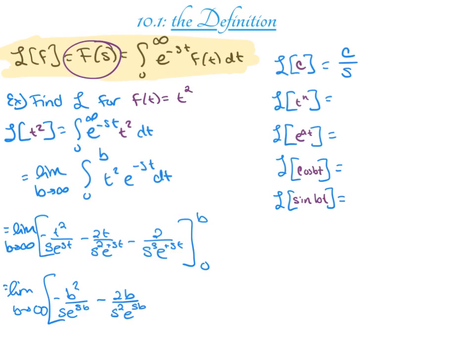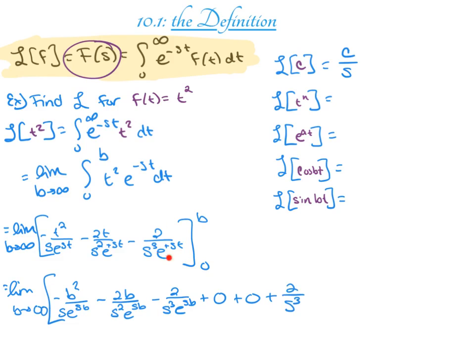So negative b squared over s e to the sb, minus 2b over s squared e to the sb, minus 2 over s cubed e to the sb, plus, because we'll have minus and negative, well, this will be 0. The next term will be 0, but the last term will be 2 over s cubed times 1.